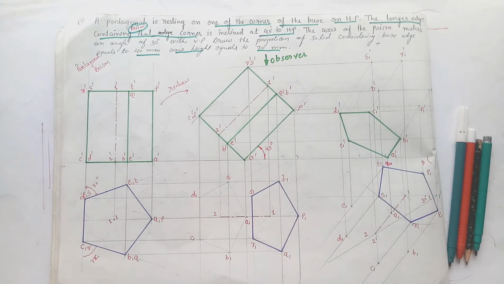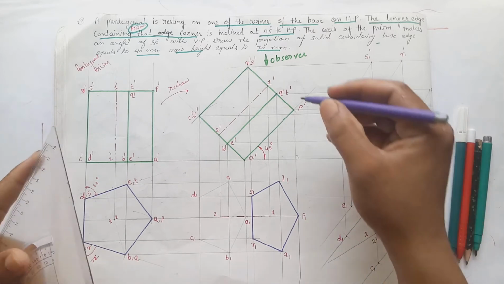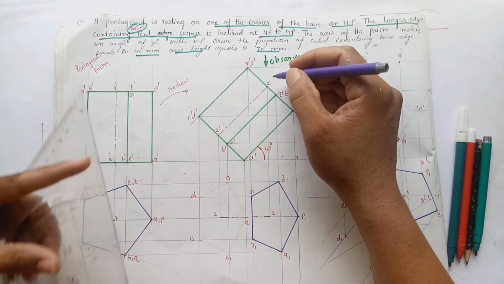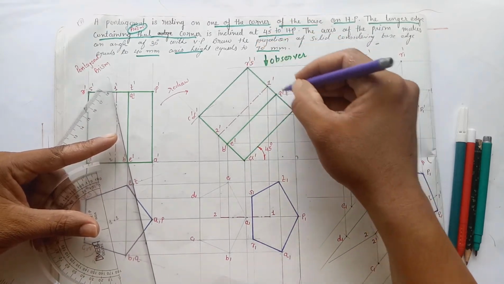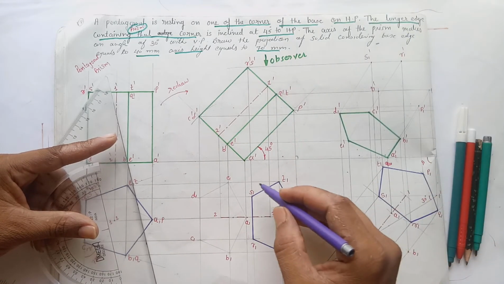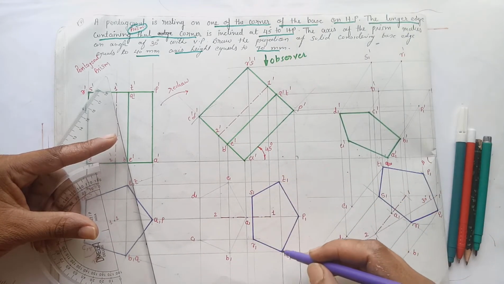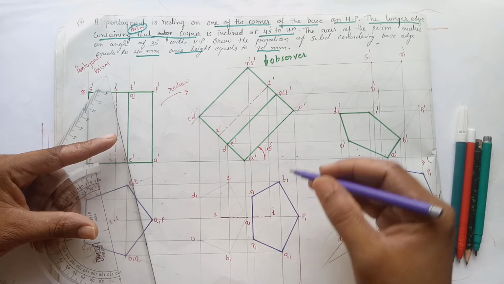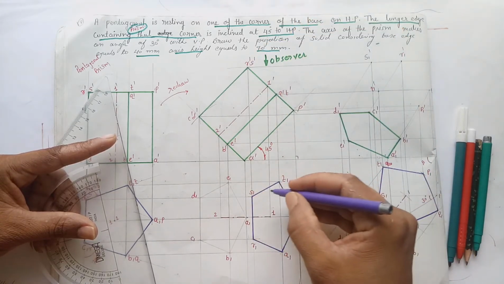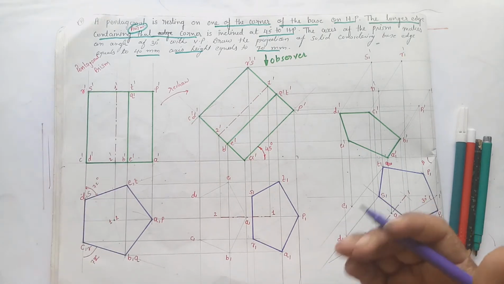Now you have to follow one sequence. Here we have derived that the top face is going to be visible because the top face is nearer to the observer. So first of all, draw the top face and follow this particular sequence. The part which is nearer to the observer, draw that part first, then draw the side edges.